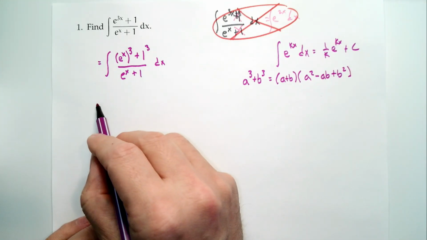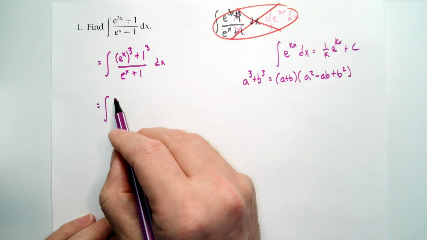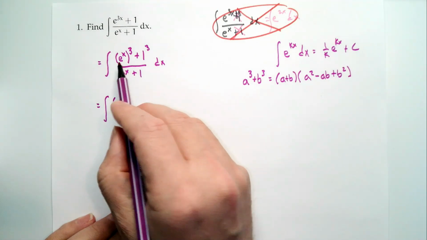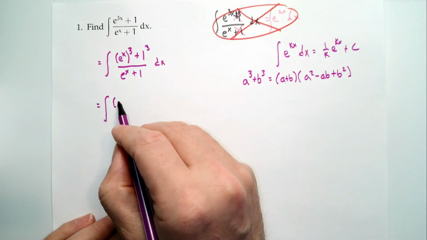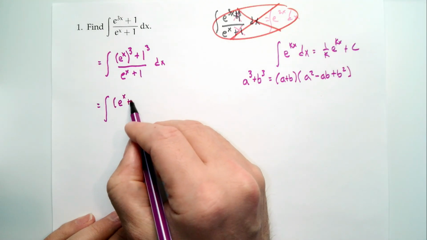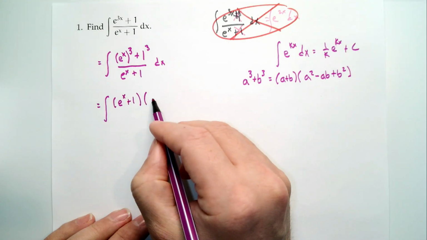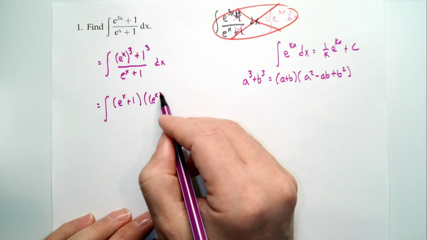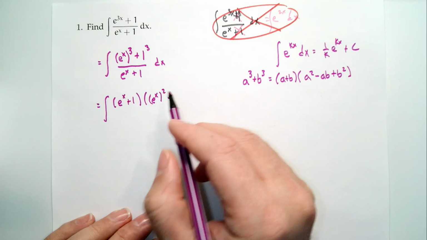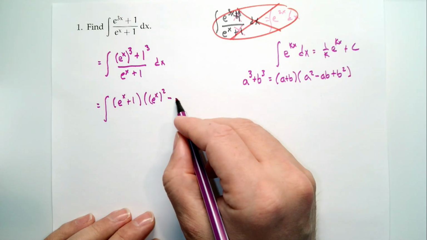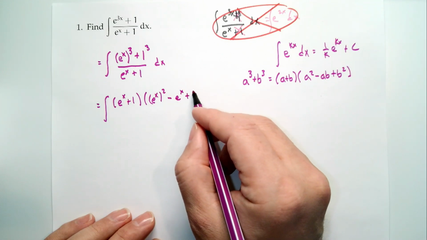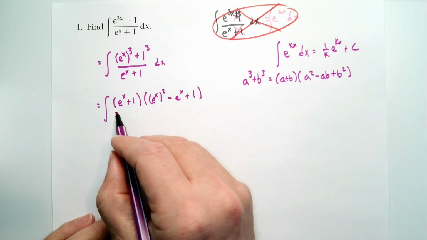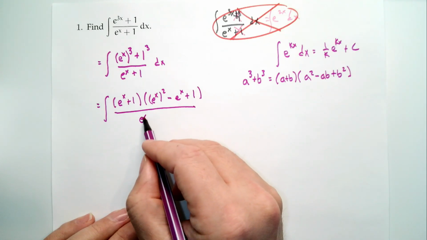So if we use our algebra, this is our a, there's our b, so a plus b is e^x + 1, then a squared is (e^x) squared, minus a times b, so minus e^x, plus 1 squared, which I'll write as 1. Now divided by e^x + 1.